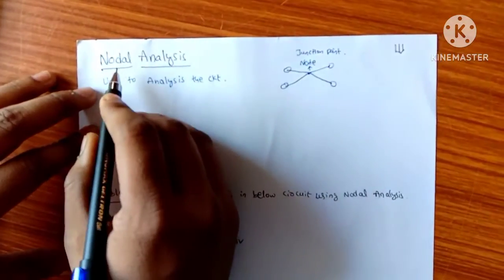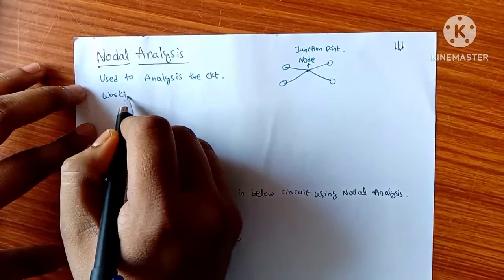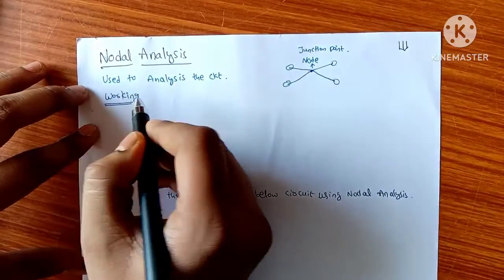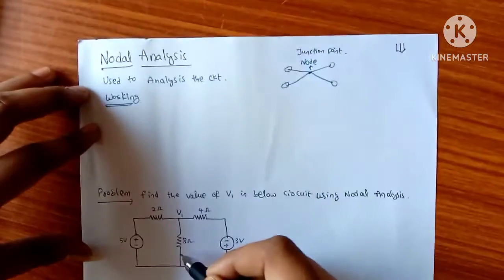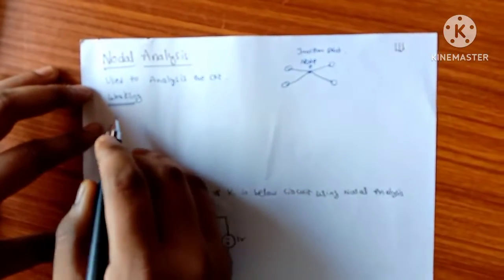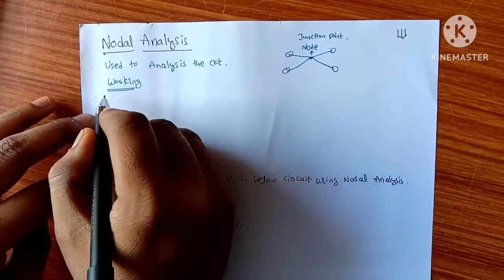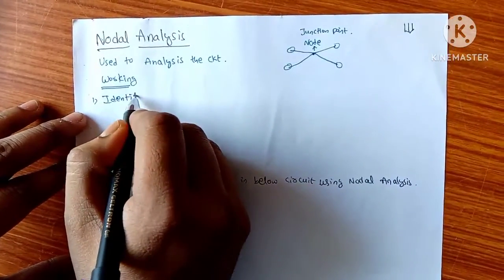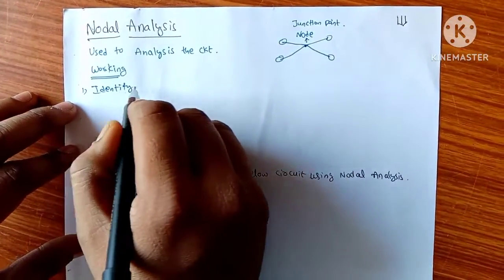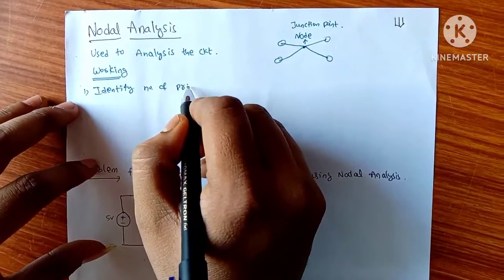Let us see the working of nodal analysis. What is the working? How to apply this nodal analysis to the circuit to get the required one. In working, first you should identify the number of principal nodes in the network.